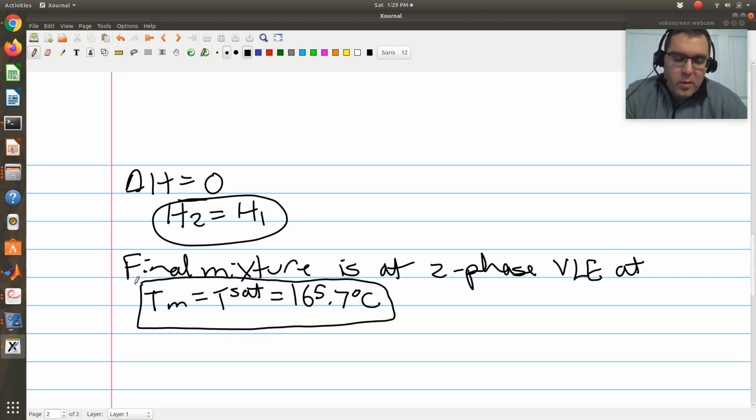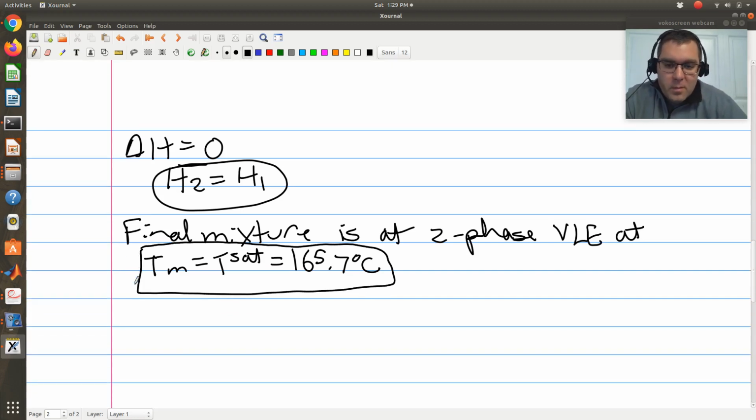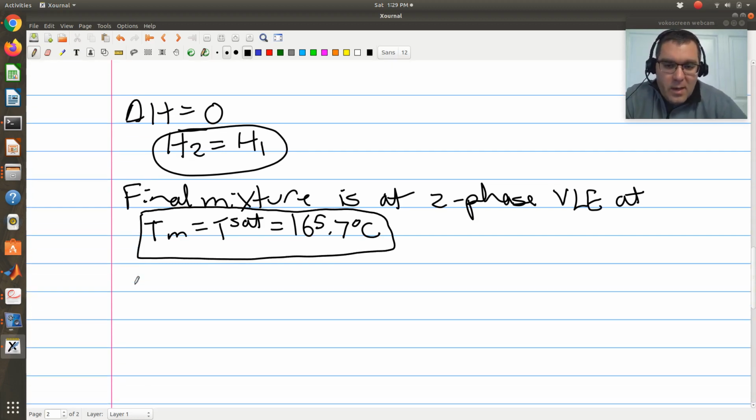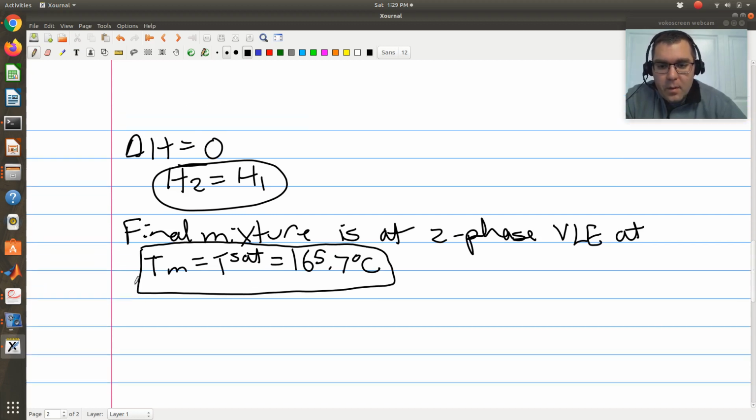And so just like we worked out the lever rule previously using specific volume, we can do exactly the same thing here using enthalpy.